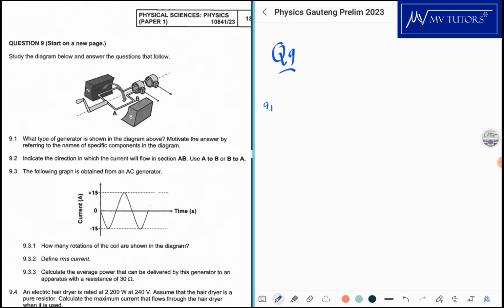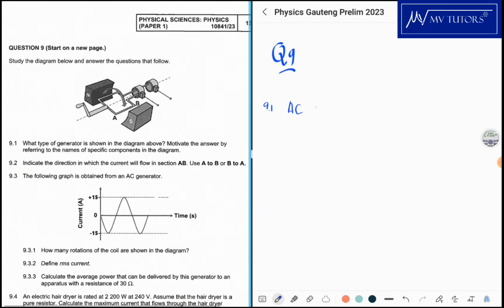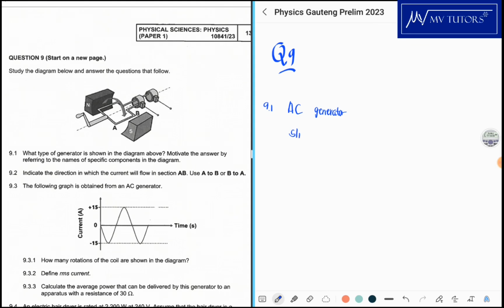So here we have an AC generator. And to motivate the answer, we can see that we have 2 slip rings. The slip rings give it away. If we had a split ring commutator, then it would be DC.